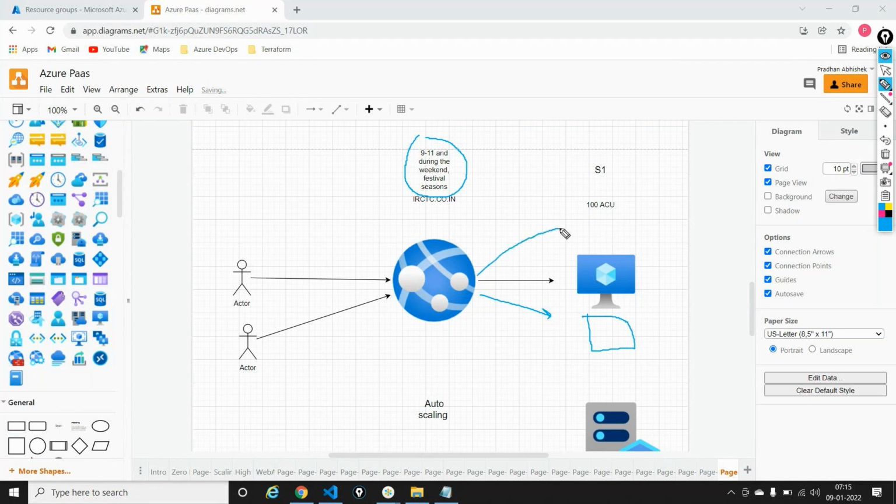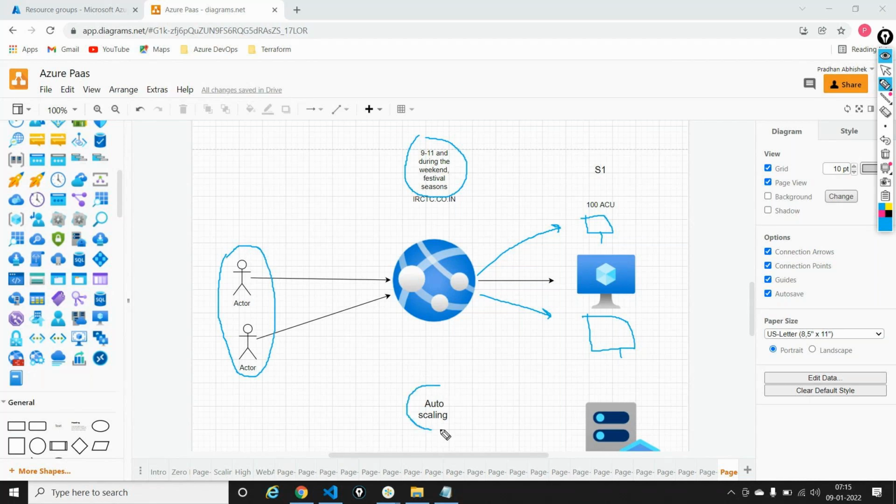So I'd like to temporarily add VMs in the backend which can take this request and accommodate this traffic. That's the only thing that I want to do. This can be achieved using this auto scaling concept.